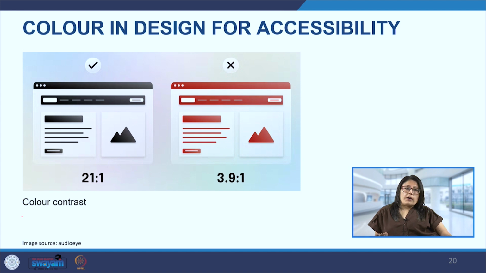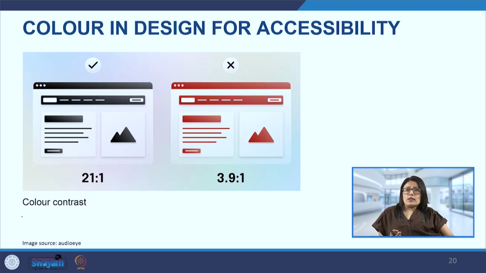If we have a background and a button on top of it, there has to be a contrast in order for the user to locate that button and take action. If they are not able to even see or differentiate the button from the background, there is no way they will be able to take the action, and it will lead to frustration. So contrast is important for them to make fewer errors, and we know that the design of the UI has to be as error free as possible.